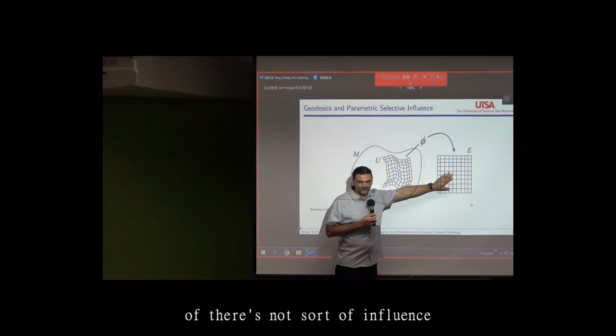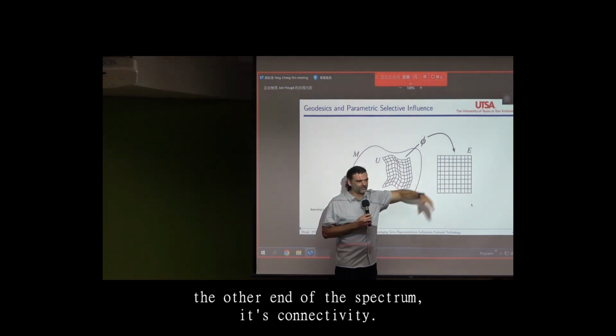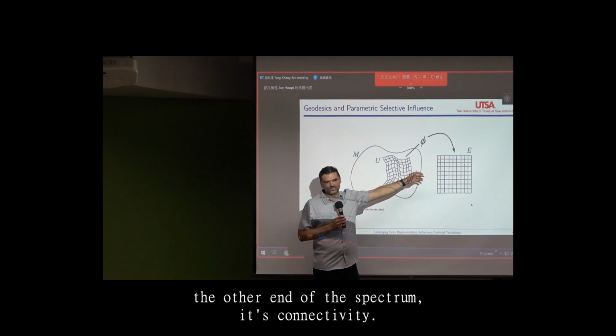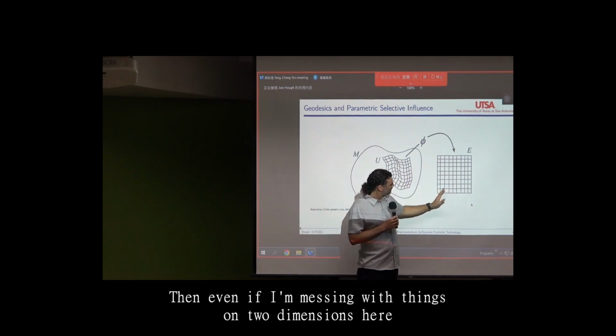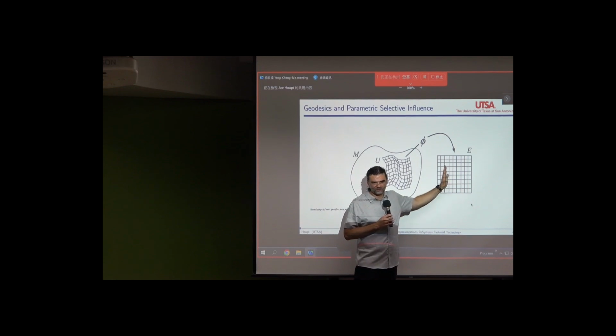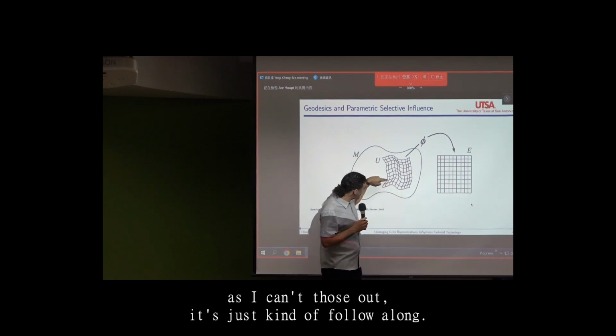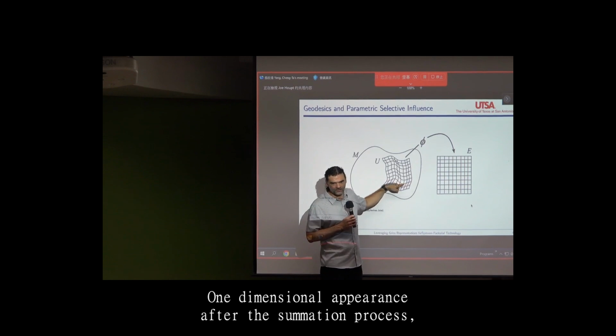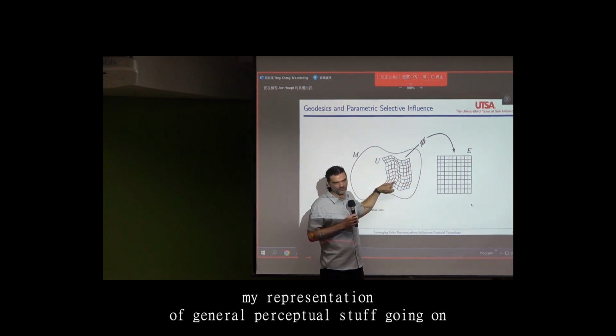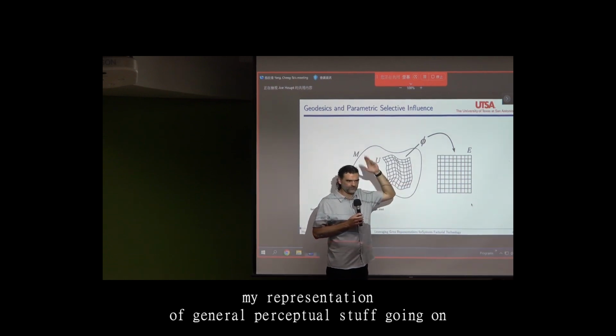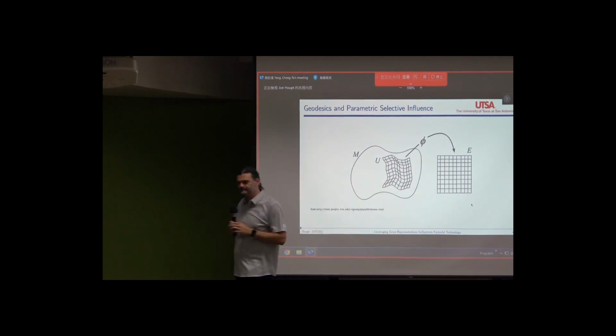But if there's not selective influence, if it's the complete other end of the spectrum, if it's coactivity, then even if I'm messing with things on 2 dimensions here, as I carve those out, it's just going to follow along 1 dimension here, after that summation process, my representation of general perceptual stuff going on in my head.